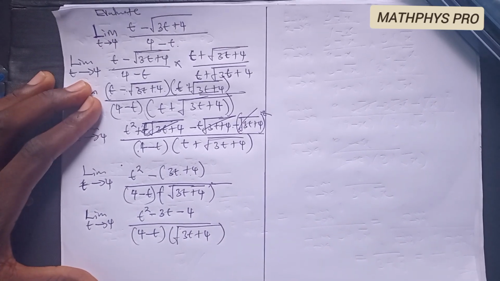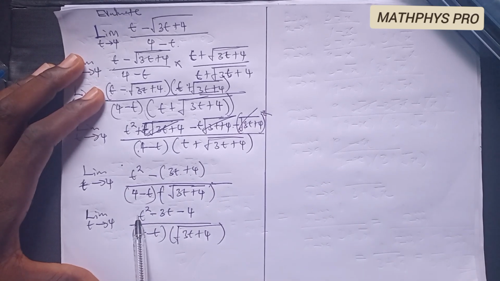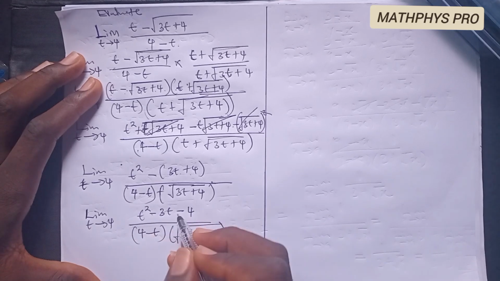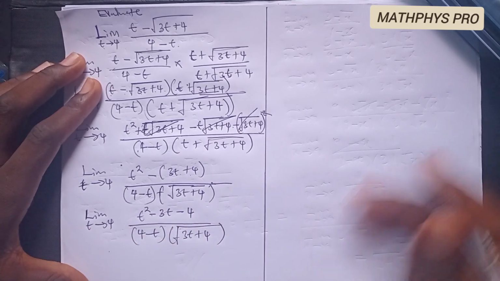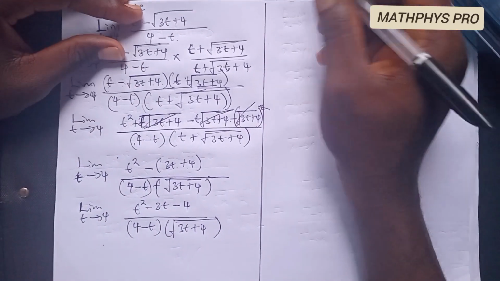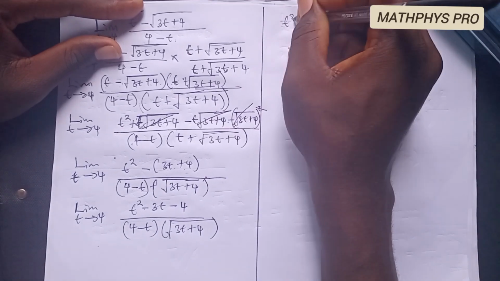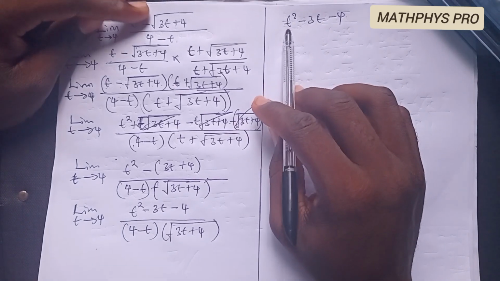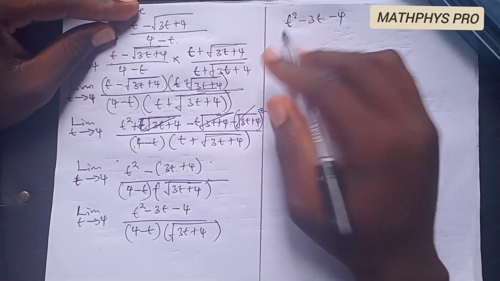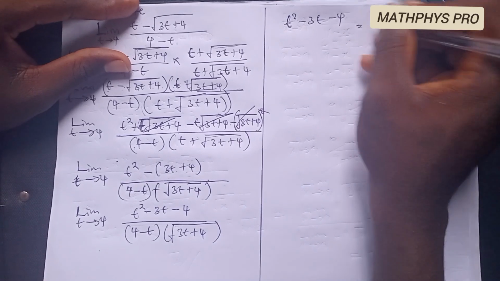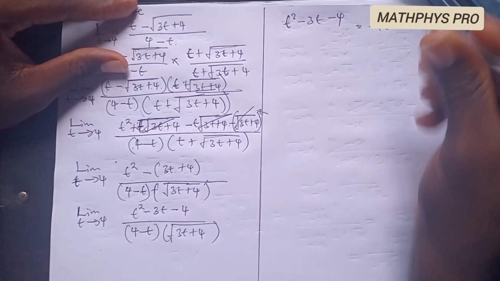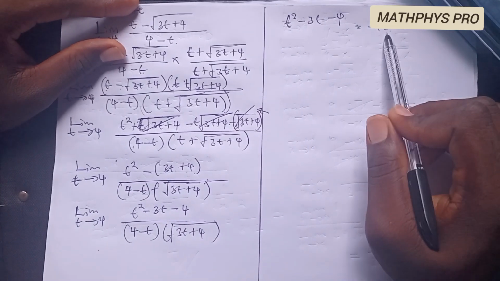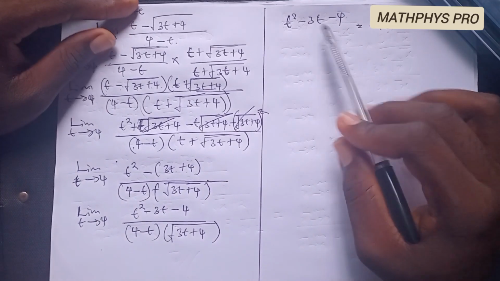So now by using the factorization method to expand this numerator, okay, let me use this space. Here we have t square minus 3t minus 4. If you multiply the first term and the last term, you have minus 4t square. Now look for two factors of minus 4t square that when you multiply them give you minus 4t square, and when you sum them give you minus 3t.